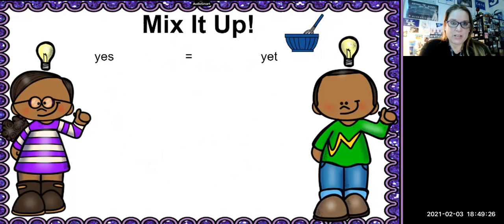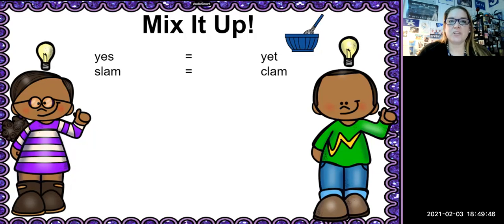Our next word is the word slam. Slam. But we are going to change the s to k. The new word is going to be clam. Good. The next, teeth. Teeth.